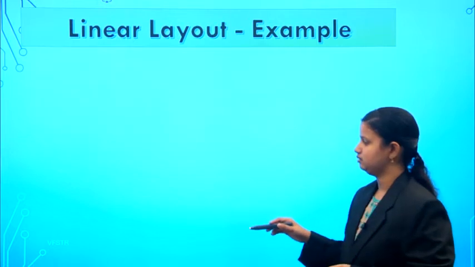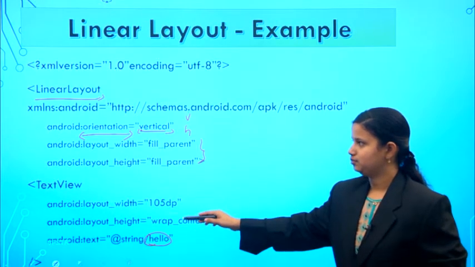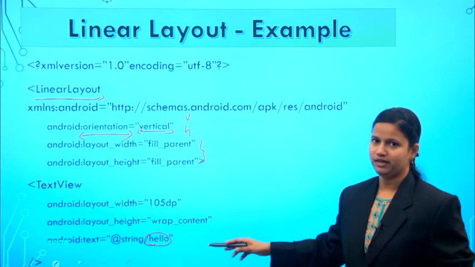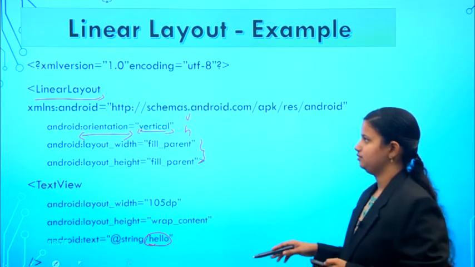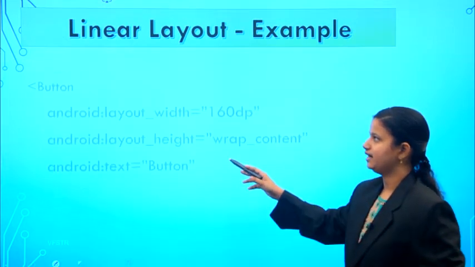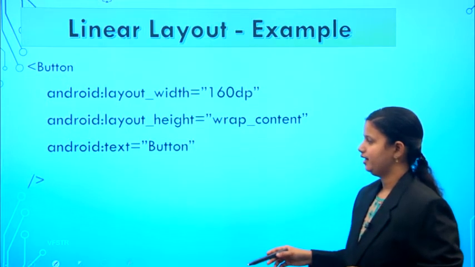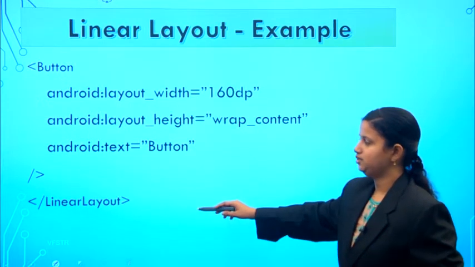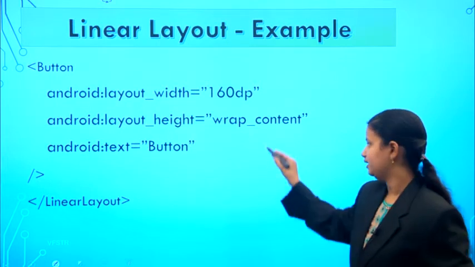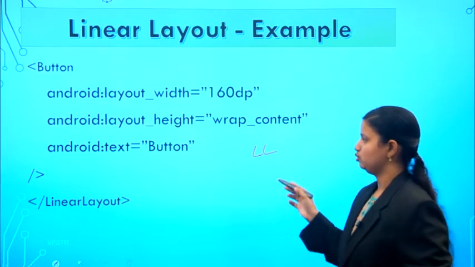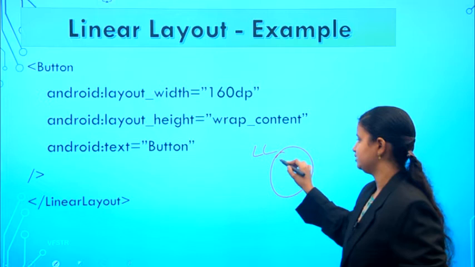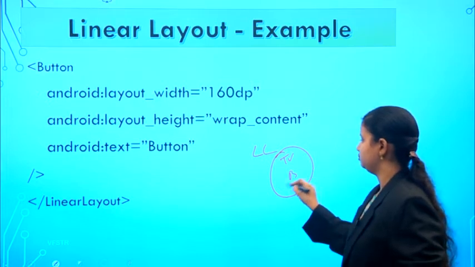Whenever you are seeing this, we are adding the text view. That means the view group element is one text view, and we are adding a button, and after that we are closing the linear layout. That means your linear layout will arrange only view group elements, one text view and a button.